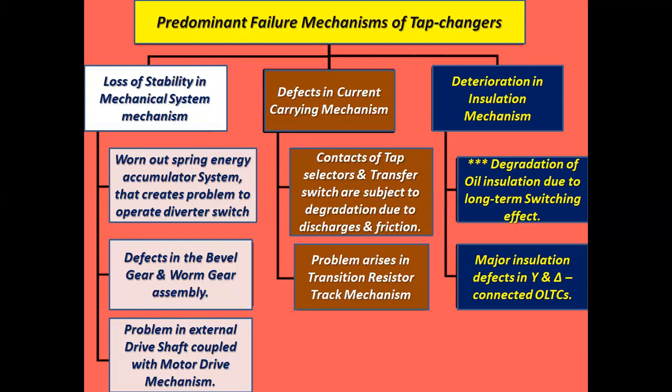Defects in current carrying mechanism consist of two categories. One is that contacts of tap selectors and transfer switch are subject to degradation due to discharges or friction. And the second one, problems arising in the transition resistor track mechanism.